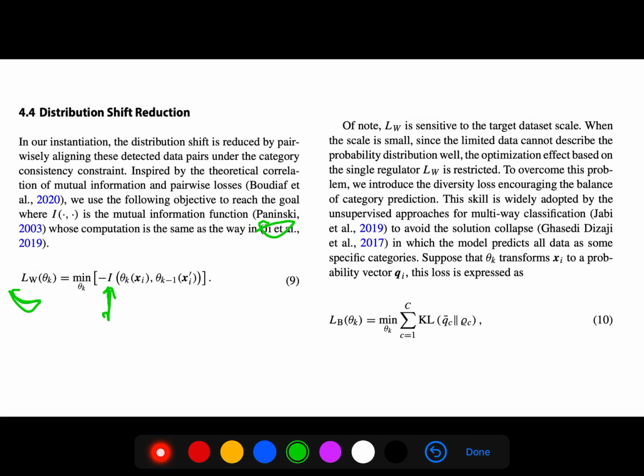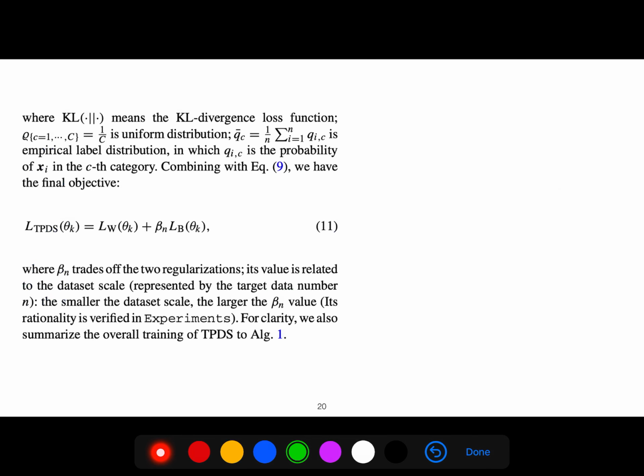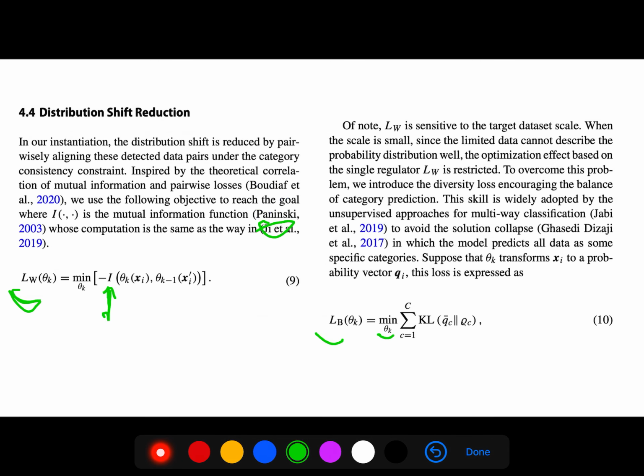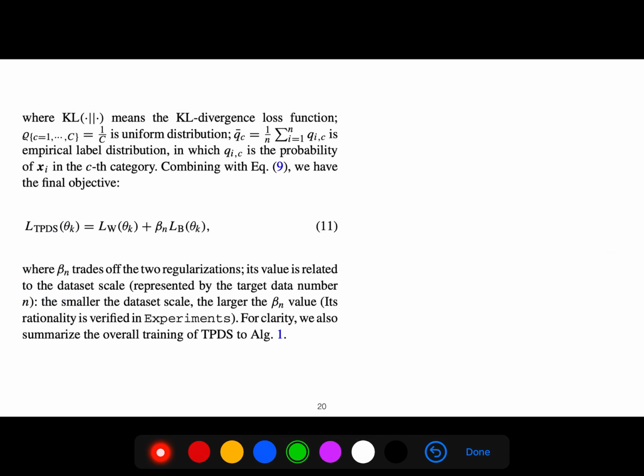Suppose that theta sub k transforms x sub i to probability vector q sub i. So this loss becomes L sub b. And KL is just a KL divergence loss function between a uniform distribution and your q sub c, which is the probability of x sub i being in the cth category.